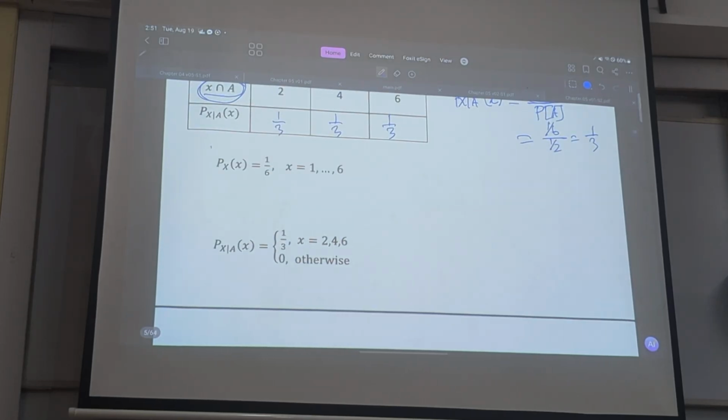So the unconditional PMF of X is this one, and the conditional PMF of X is very simple.